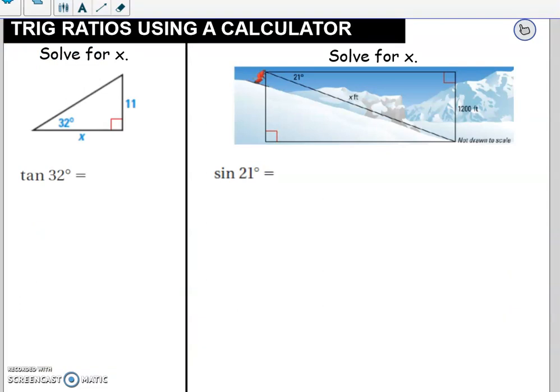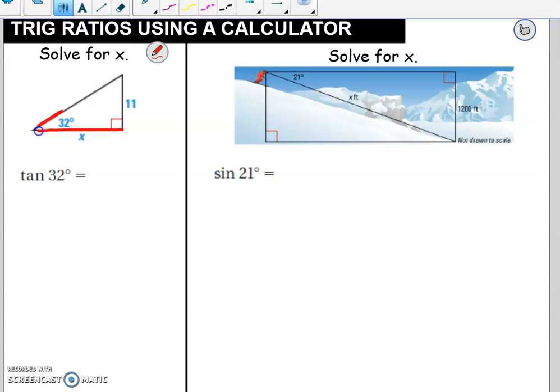Okay, so for example, let's do just a basic problem on the left that doesn't really involve that, and then we'll talk about the angle of depression that we see in the problem on the right. So let's first of all just work through this problem over here where we're trying to solve for x. And the way we do that is by saying we want to know what the tangent of 32 degrees is.